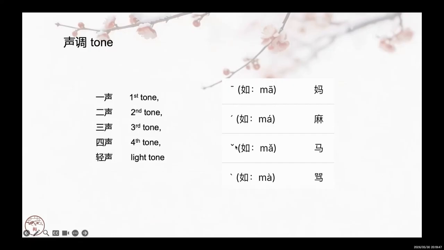The third tone is like the letter V in English. The fourth tone is like a dot, falling from the top left to the bottom right.